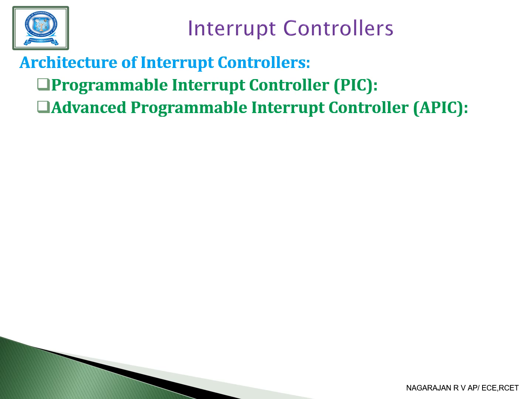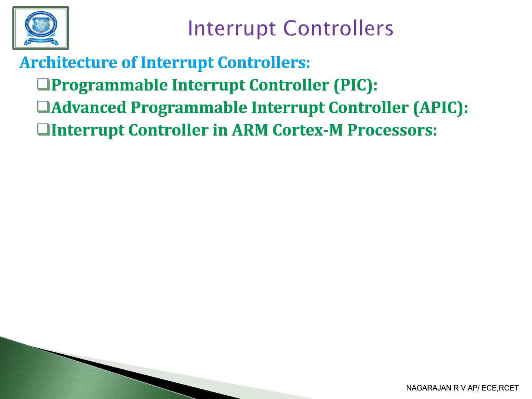The next one is the advanced programmable interrupt controller, that is the APIC. APICs are used in modern microprocessors to support a large number of interrupts and more complex interrupt handling. They are commonly used in multiprocessor systems and support features like interrupt routing, interrupt balancing, and more granular interrupt prioritization. The next one is the interrupt controller in the ARM Cortex-M processor.